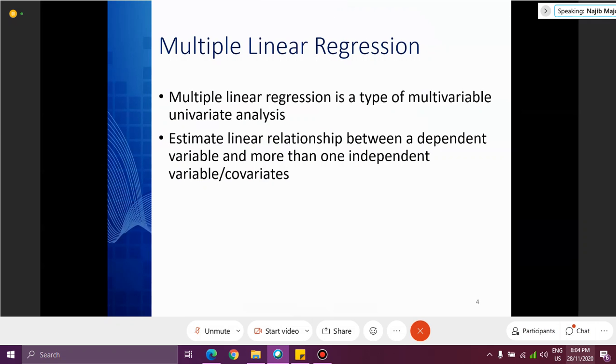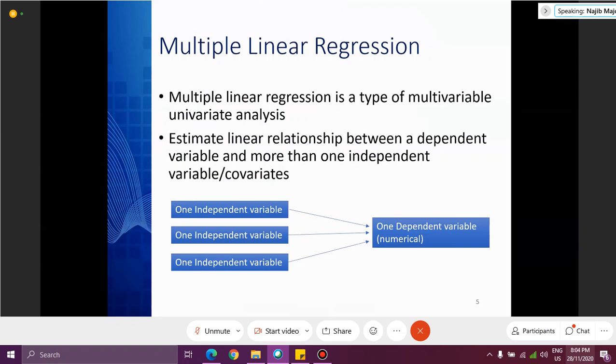Linear regression is concerned with a numerical dependent variable, so your outcome variable must be numerical. The aim of linear regression is to estimate the linear relationship between a dependent variable and more than one independent variable, or for numerical variables, you can call them covariates.